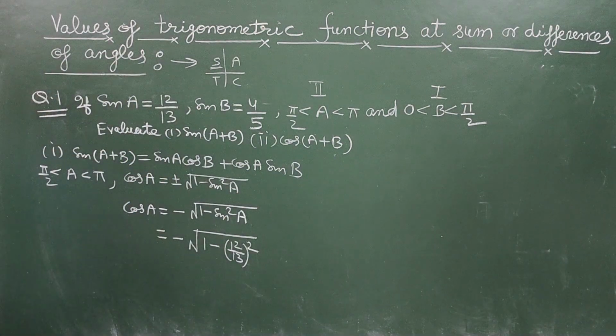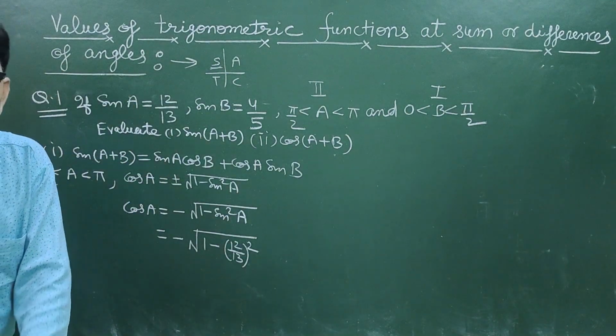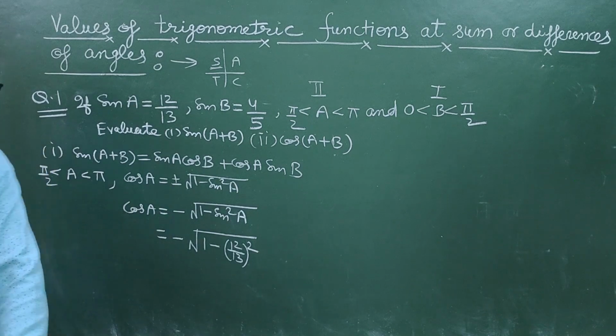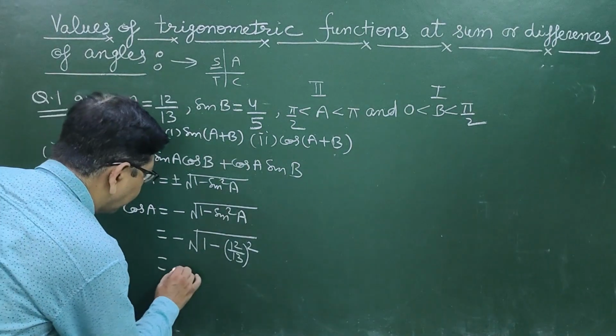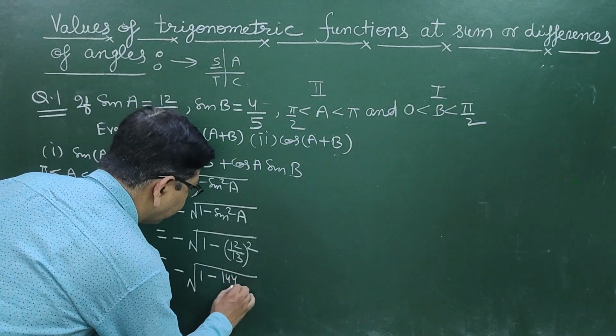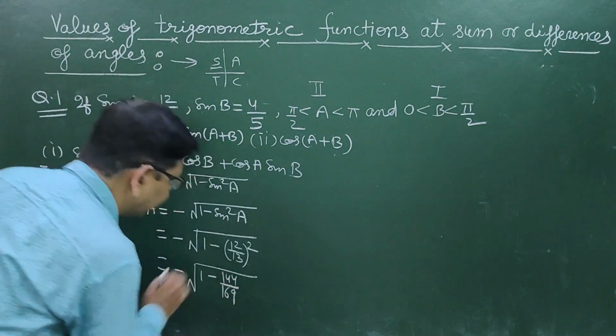And 12 upon 13 square, students, you know 12 square is 144 and 13 square is 169. So this is equal to minus under root 1 minus 144 upon 169.